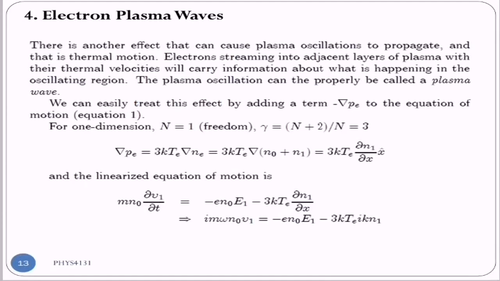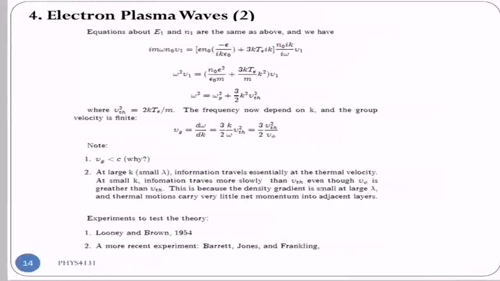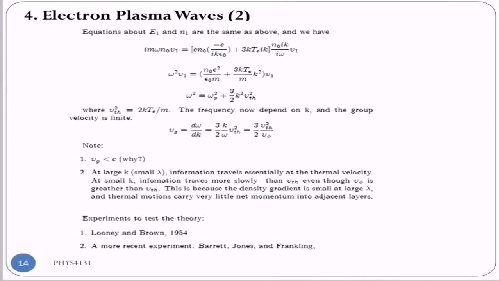We simplify this equation by putting value of partial t equal to minus i omega, and partial of partial x is equal to i k. Further, we replace the values of E_1 and n_1 in the above equation.